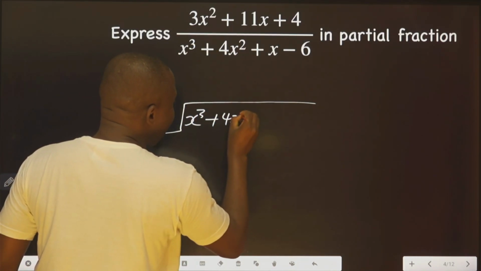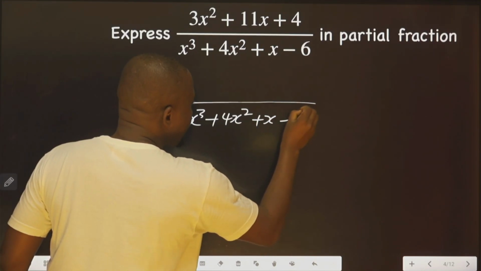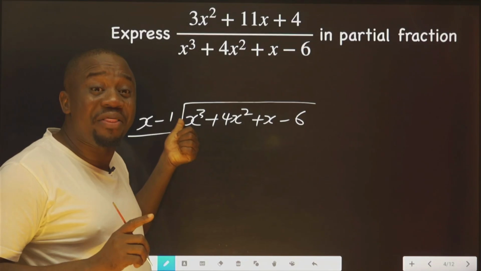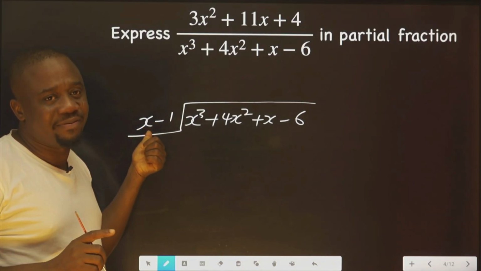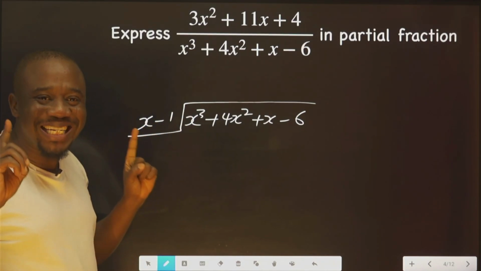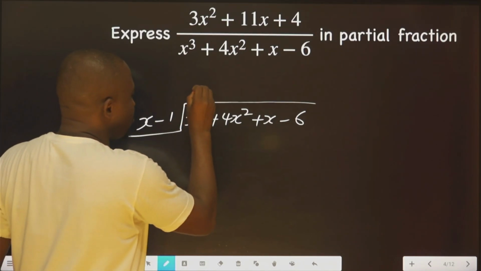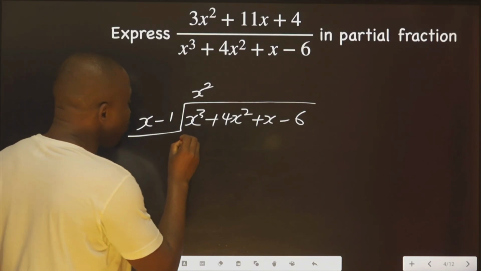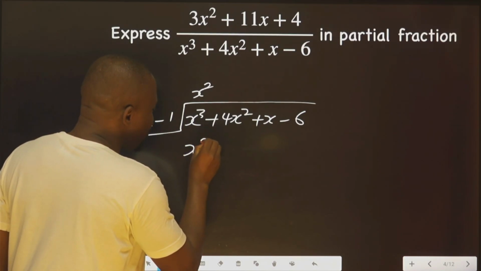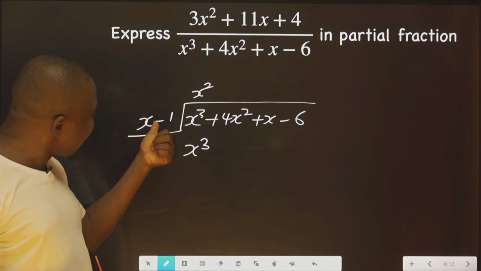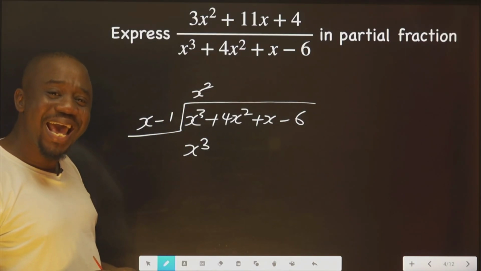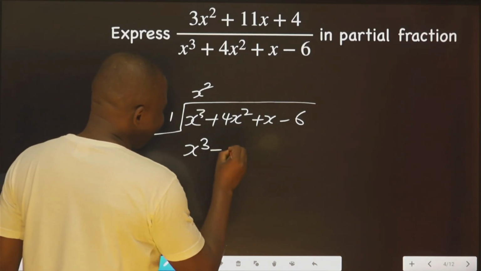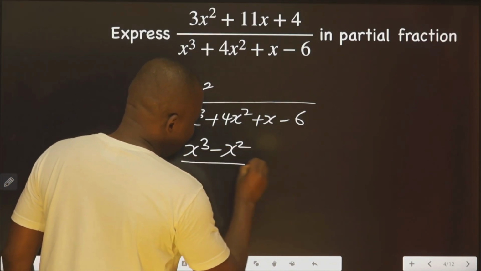This is polynomial division. The first step is we say s raised to the power 3 divided by s. You agree with me? That is s raised to the power 2. This s squared multiplied by this s is s raised to the power 3 again. Then this minus 1 multiplied by s squared gives us minus s squared.